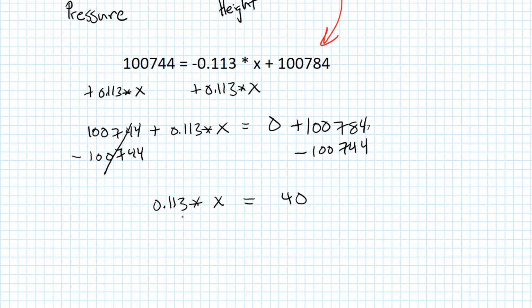Now what do I do? I divide the left side by 0.113, and I divide the right side by 0.113, and that gives me x is equal to 354 centimeters. And when I measured the height, my actual value was 355 centimeters, so very close.